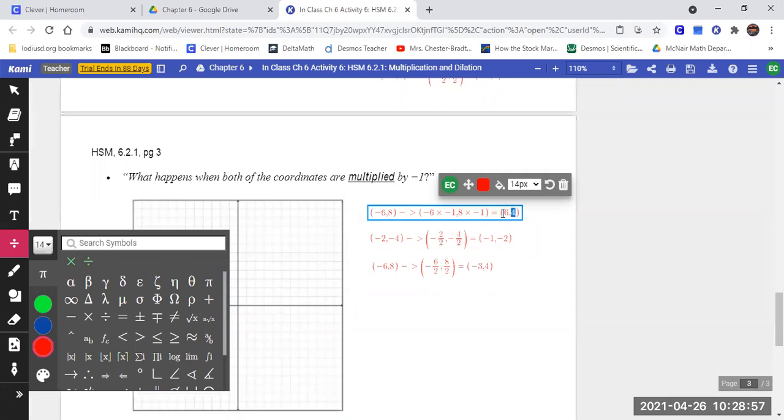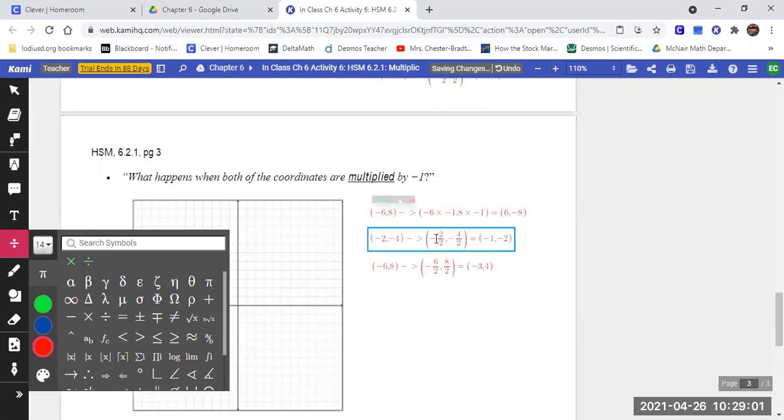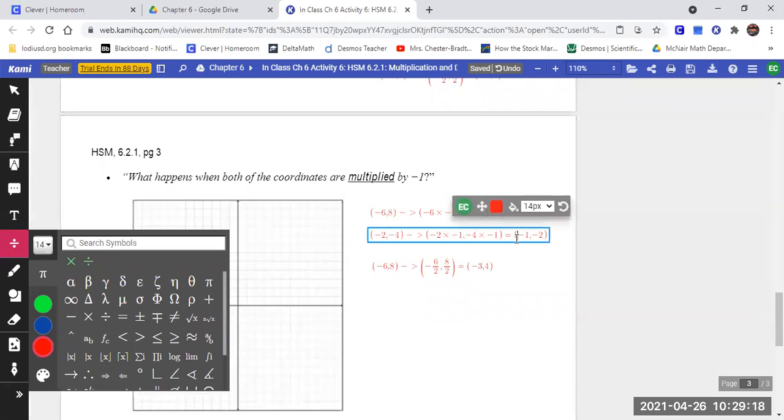Okay. Do our next one. Negative 2 times negative 1, and negative 4 times negative 1. So what would our new coordinate be?